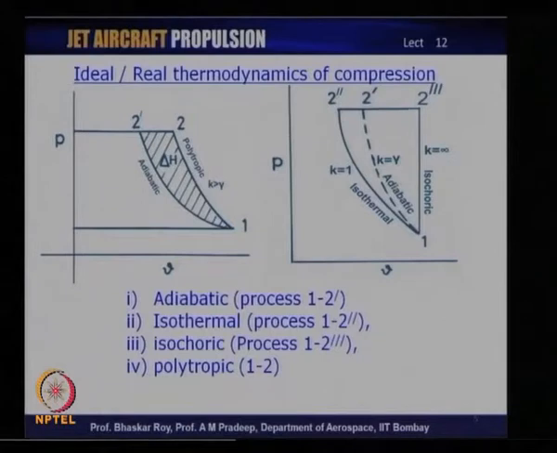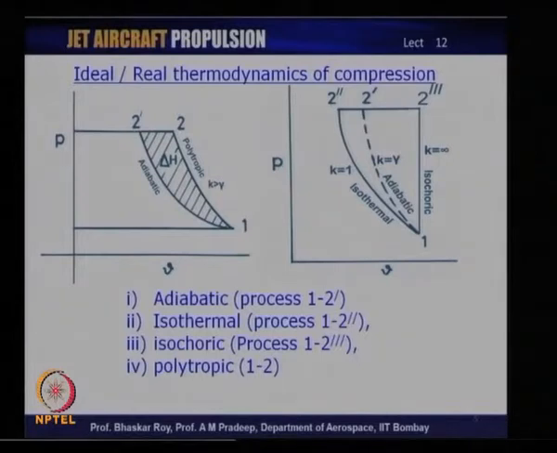Now, as you can see, the index which is normally used for signifying the process, in case of an adiabatic process, is normally gamma. In case of other processes, we often might like to call it some k. In case of a general polytropic, non-adiabatic process, k is likely to be greater than gamma.